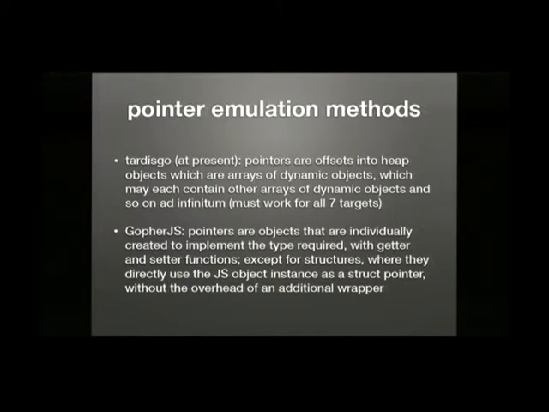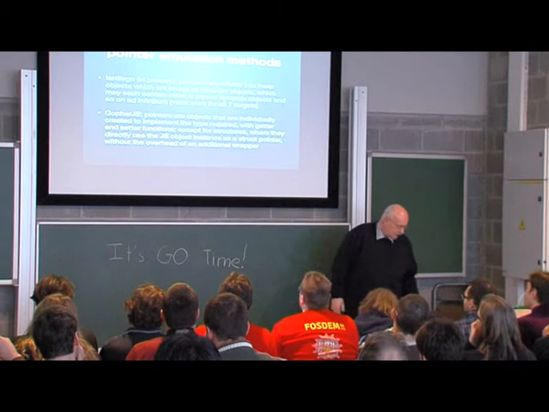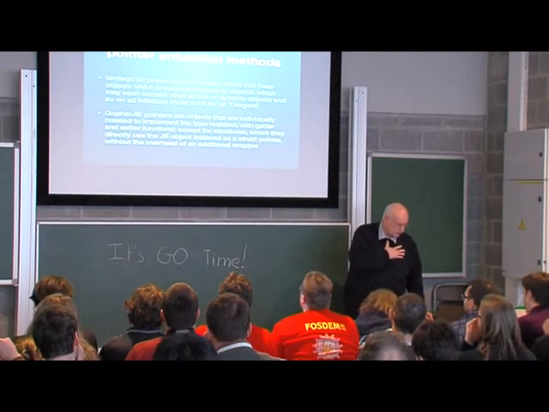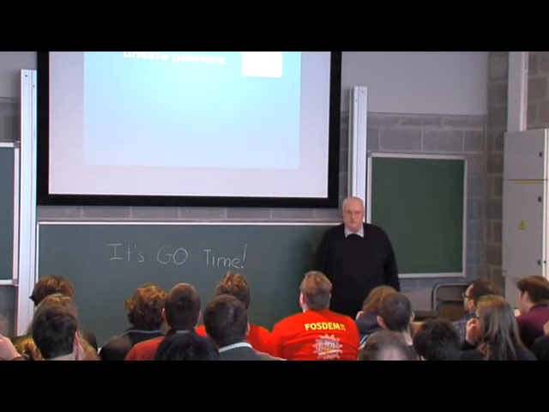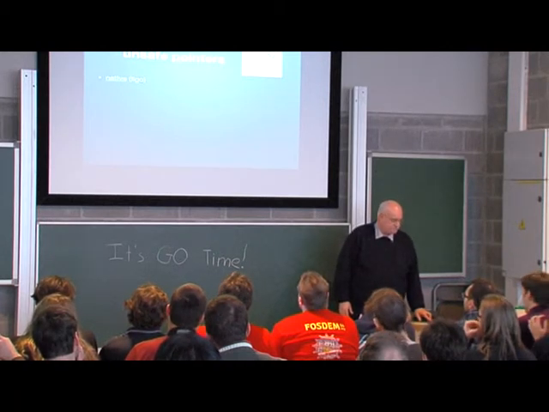Adding sophistication so that you do deal with the type information also means that, for TARDIS Go, it has to be specific to a particular target. The bête noire of all of this is unsafe pointers.